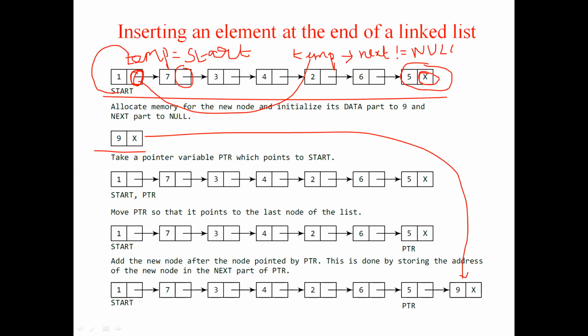But a linked list is not sequential. The nodes are scattered wherever there is a place. Wherever it finds a place, it allocates its memory. How are they connected? Using the next field. That's all.